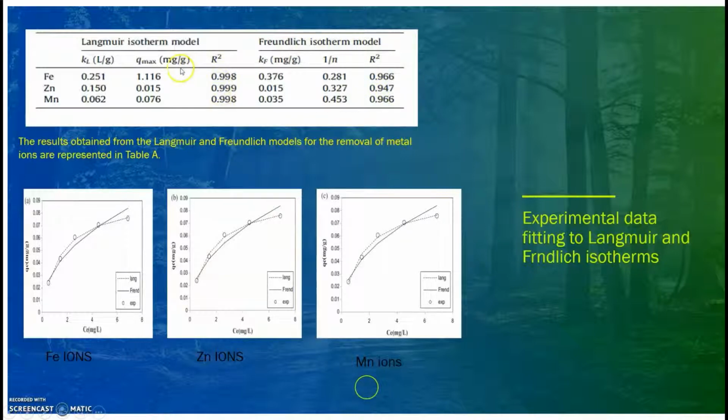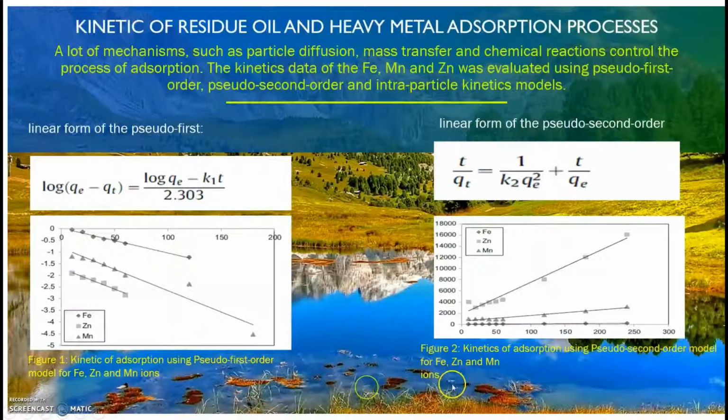You can see that for the Langmuir, 0.998, 0.999, and 0.998 for ferrous, zinc, and manganese respectively, compared to the Freundlich isotherm model. Okay, this is the graph of experimental data fit into Langmuir and the Freundlich isotherm for ferrous, zinc, and manganese.